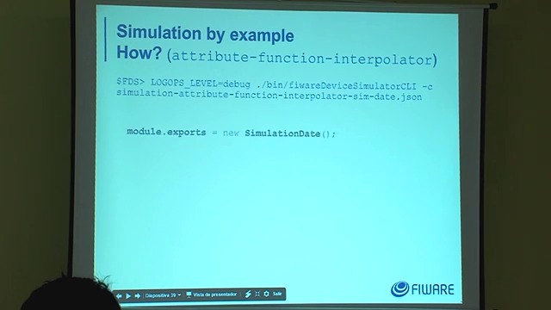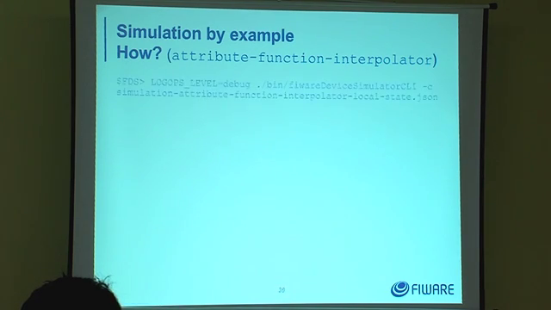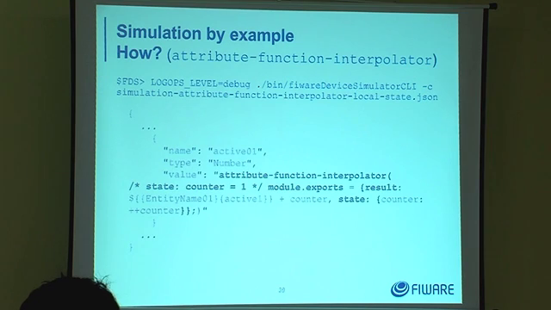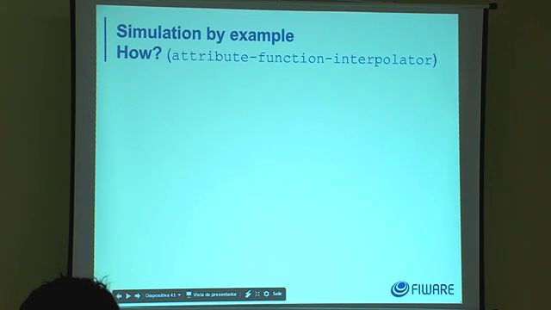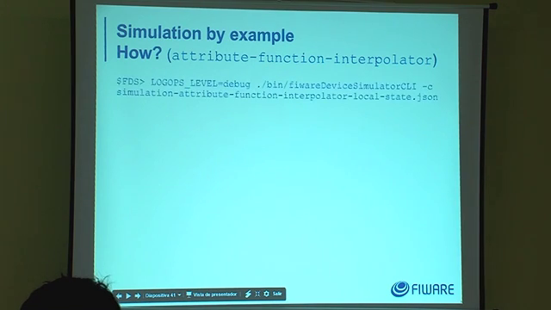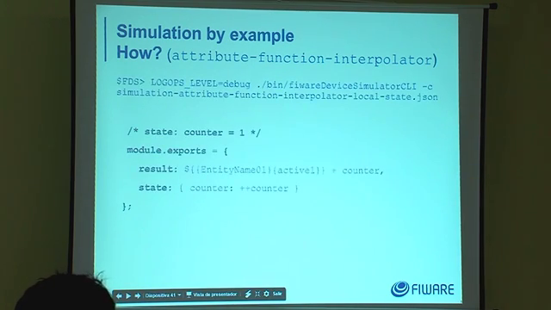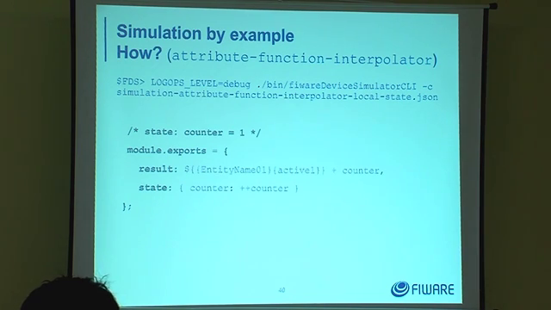You can also use this attribute to manage a state. Let's see directly the code. This is the code we are providing to the simulator. As you can see at the beginning, we are using a comment to specify the state we want to be maintained between attribute function interpolators execution with the same specification.